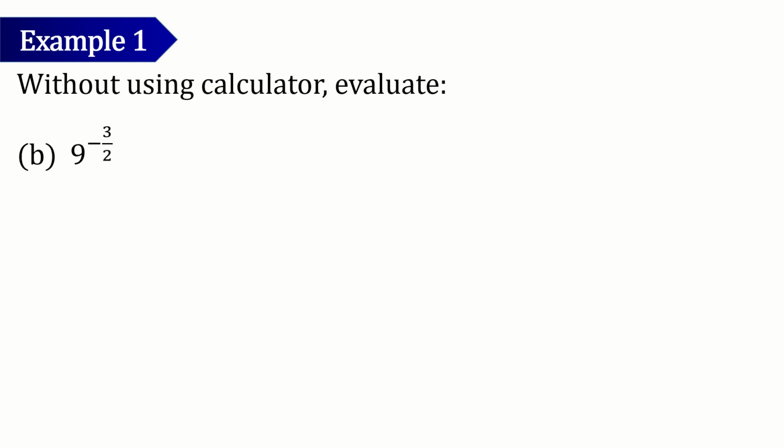Second example. 9 to the power of negative 3 over 2. For a negative power, we can use the reciprocal. So a to the power of negative n is equivalent to 1 over a to the power of n. So this equals 1 over 9 to the power of 3 over 2.